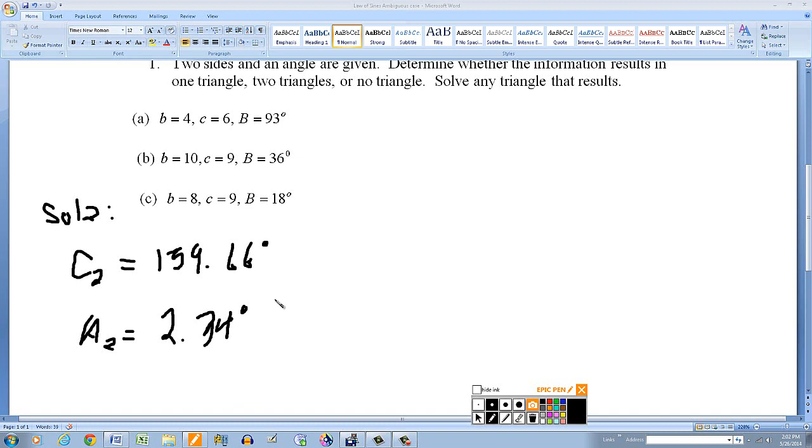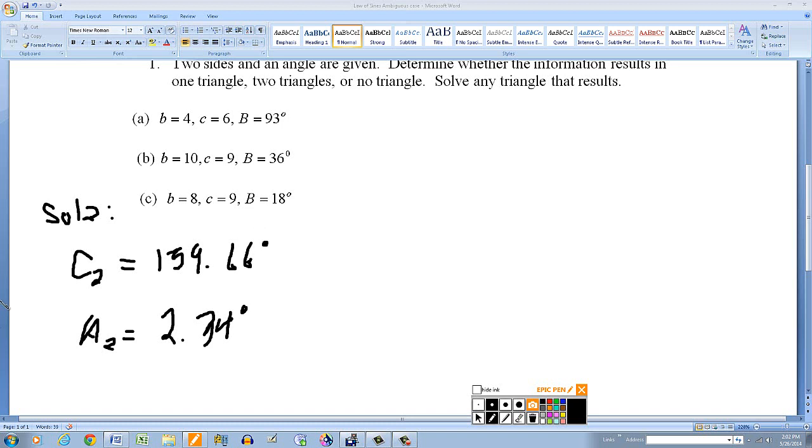So for the second triangle, we have angle C2 is 159.66, angle A2 is 2.34, and of course the given angle B is still 18 degrees.